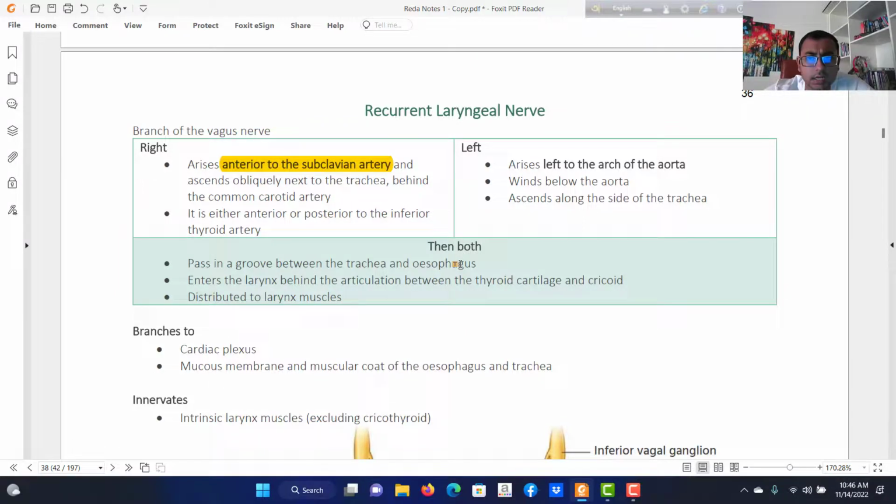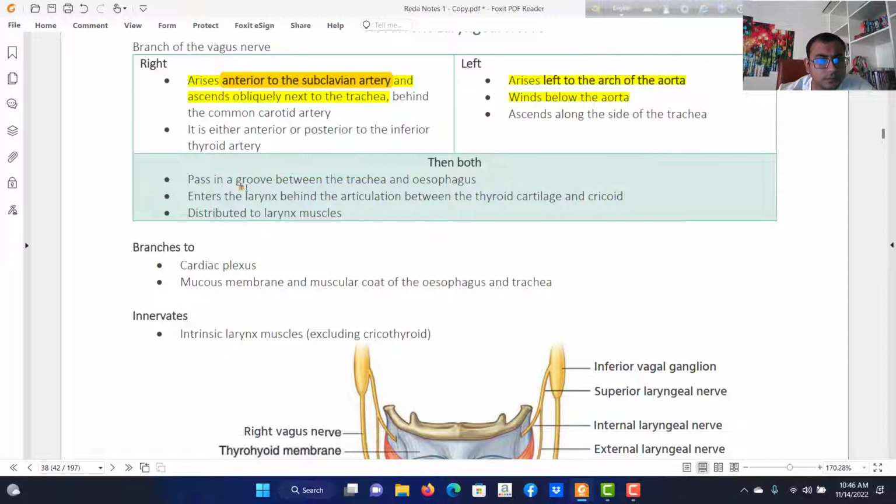Right and left recurrent laryngeal nerve, very important. The right arises anterior to the subclavian artery and ascends obliquely next to the trachea, and the left loops below the arch of the aorta. They enter the larynx behind the articulation between the thyroid cartilage and cricoid cartilage, along the ligamentum berry.